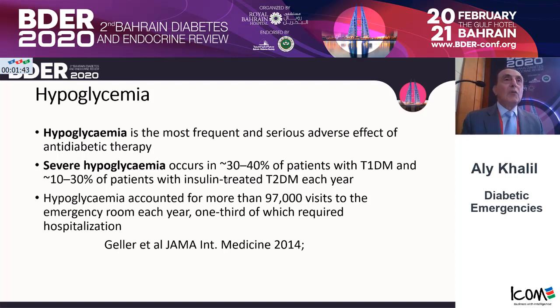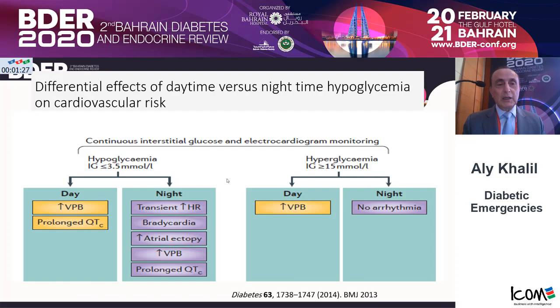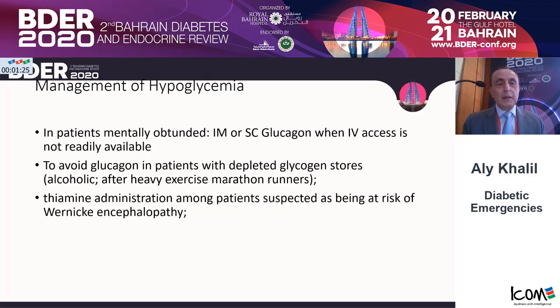If obviously more severe and the patient is obtunded, you could use glucagon or use IV dextrose in the form of D50, D25, or D10. But I want to take you to a case because of lack of time.